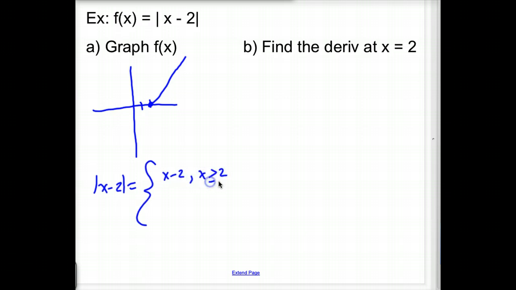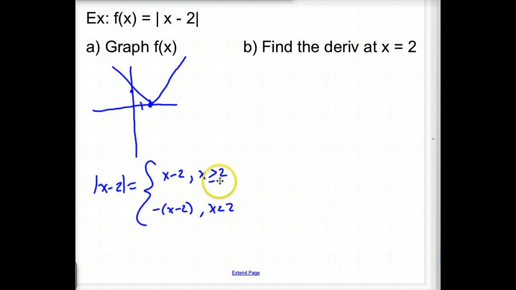For x greater than or equal to 2, it's going to be the function x minus 2. It's going to be the opposite for values of x less than 2. So if you distribute this in, it's going to have a y-intercept of 2 and a slope of -1. So it's going to be that part of the graph.